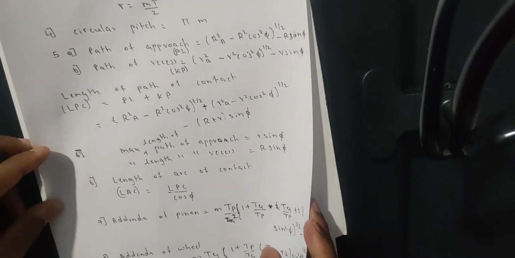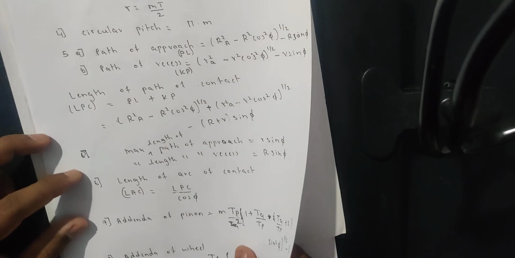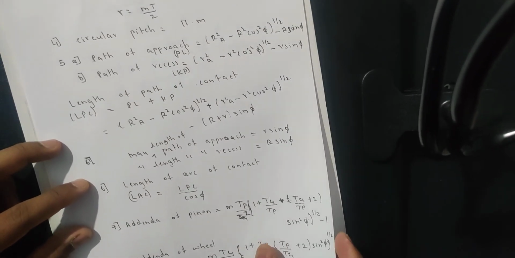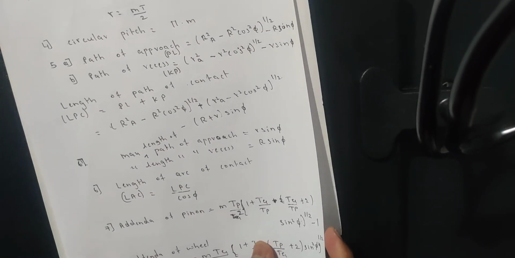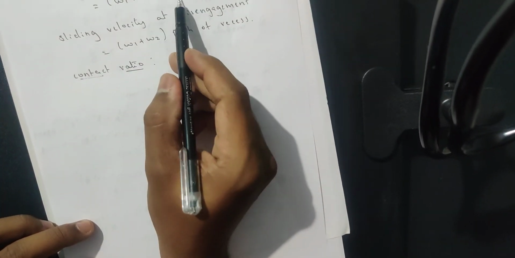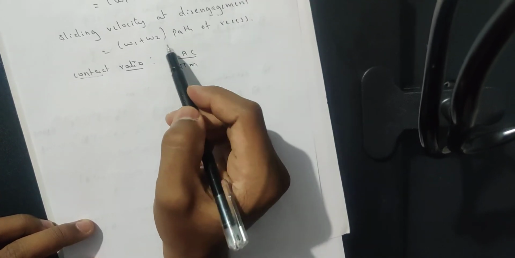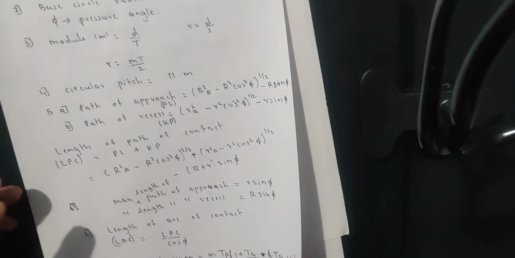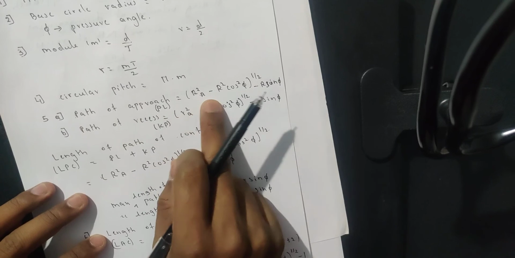If I want to find out the length of approach, what exactly we are trying to find out is the sliding velocity at engagement and at disengagement. At engagement it is omega 1 plus omega 2 times path of approach, path of recess. So in order to do that, we are calculating these RA values.